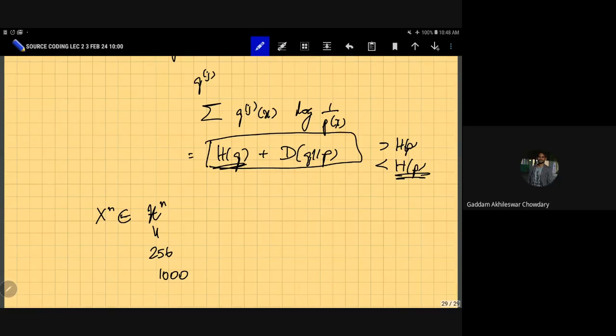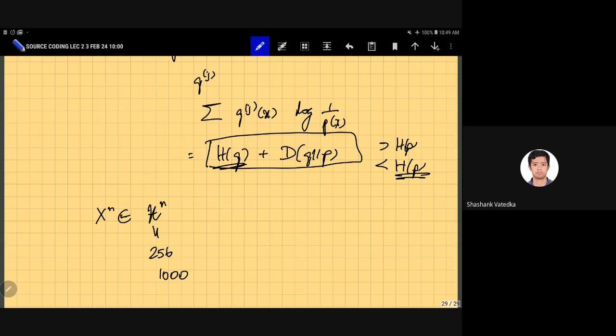Right? And then you can do all of this. In this course, we are basically trying to design general purpose compressors. We're using a mathematical framework to abstract out the problem. If you didn't have any extra information about the source, then this is the best that you could possibly do.